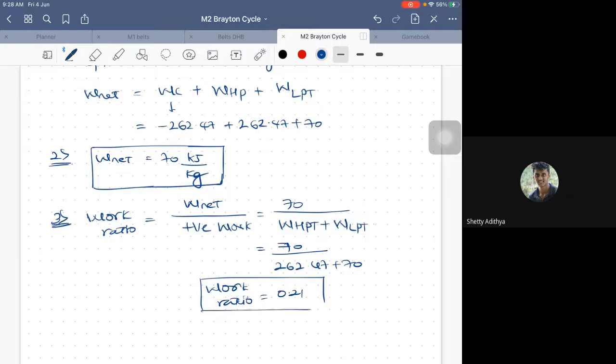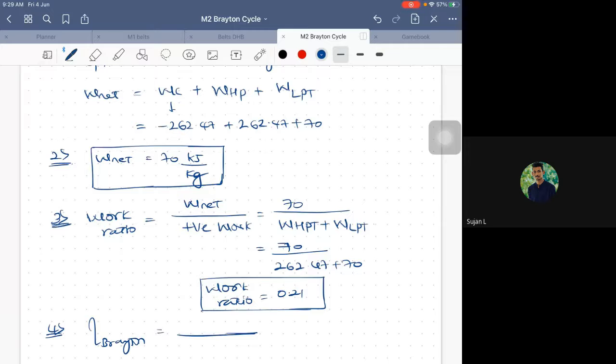Next, what else do you have to find? The fourth one: efficiency of the Brayton cycle. So how will you calculate it?